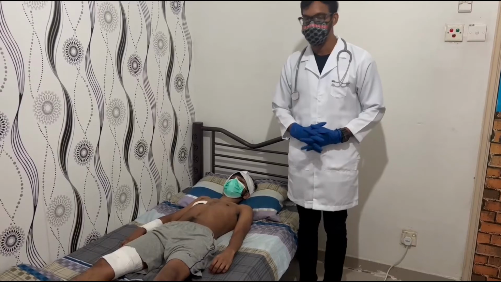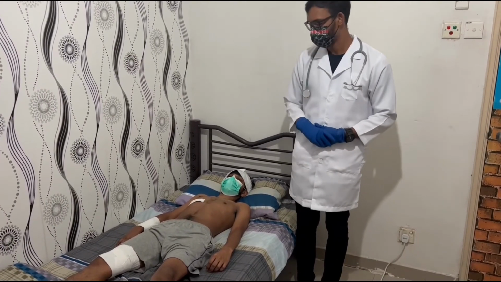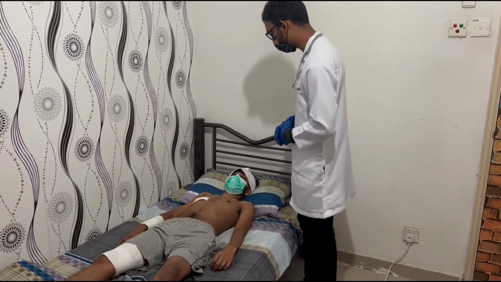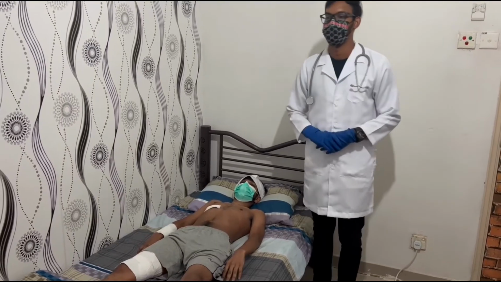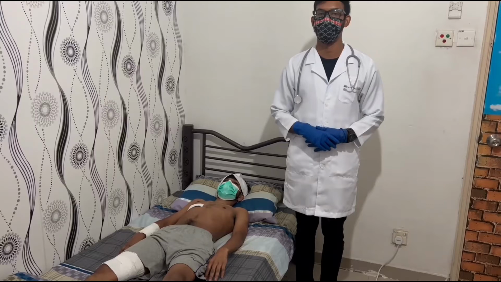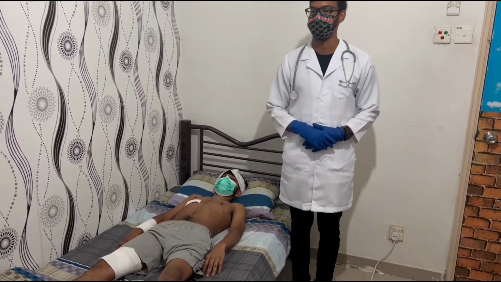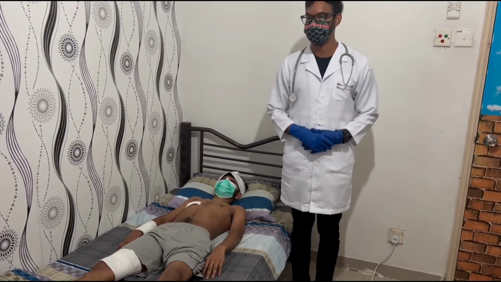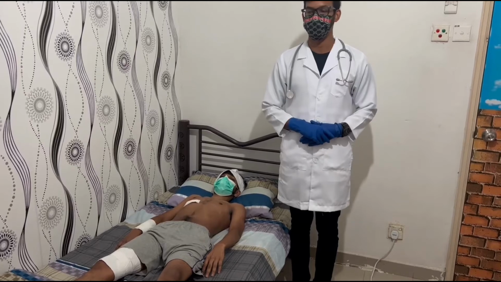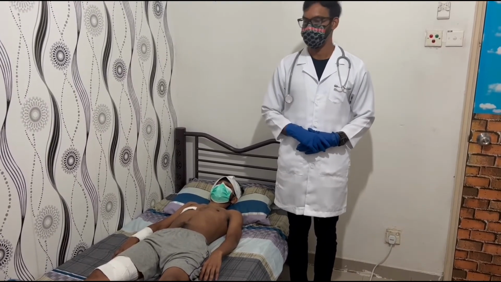Hi, today I will be doing the objective examination for the patient. I will begin with a general inspection. Upon the general inspection, we notice that the patient has a closed fracture at the base of the skull, probably with intracranial hematoma, and a rib fracture on the right side, probably the fourth rib.